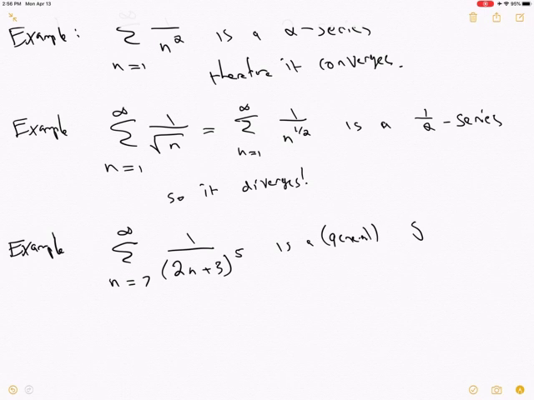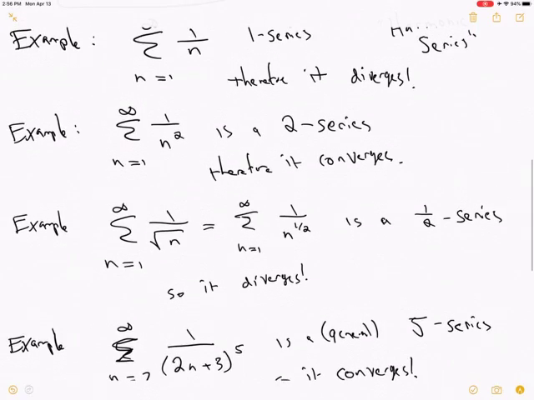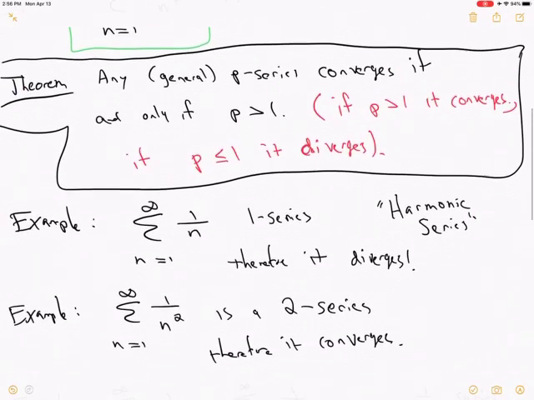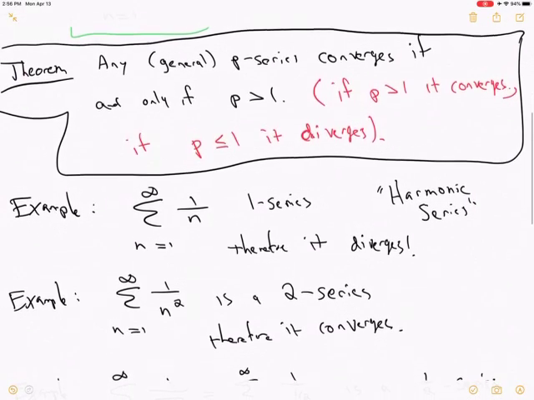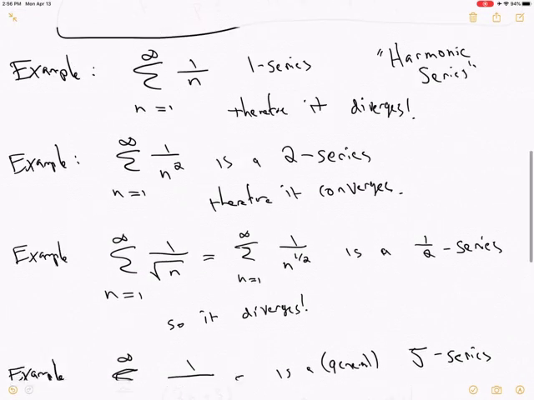This is a 5 series, and therefore it converges. So these p-series are very nice because we can determine automatically if they converge or diverge just by looking at the fixed power.